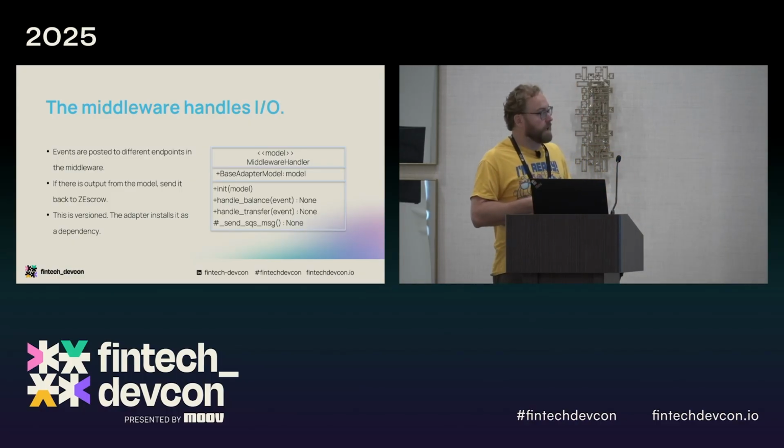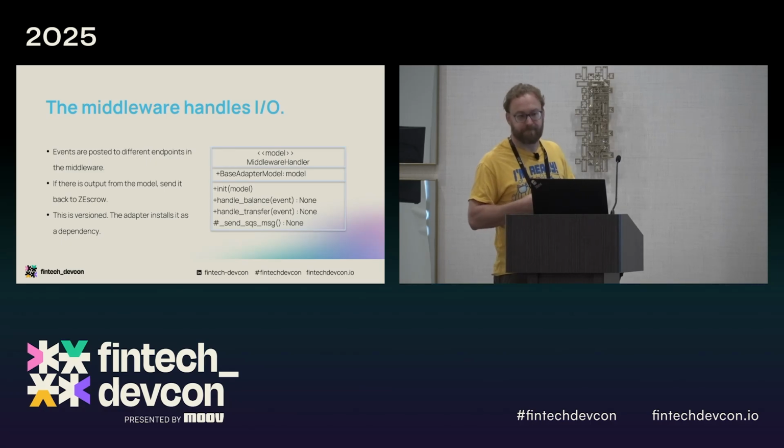So when it hits the middleware, like this would be the /balance endpoint that would be hit from Argo Events with a balance event, and it's up to the model. The core adapter inherits from, wait, no, that's not right. I'm talking about the middleware. All right, we'll go back to this.